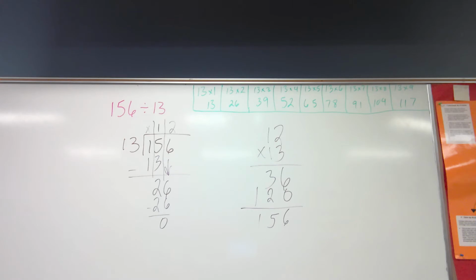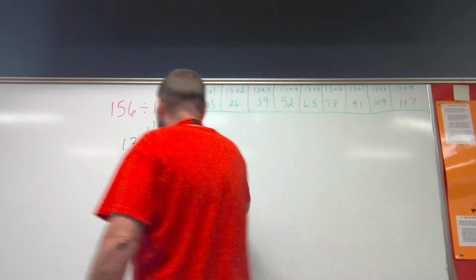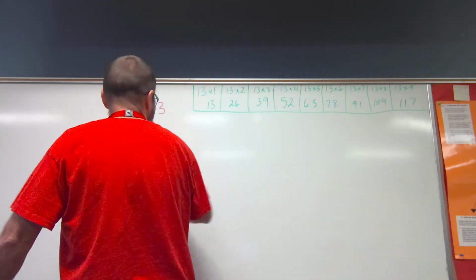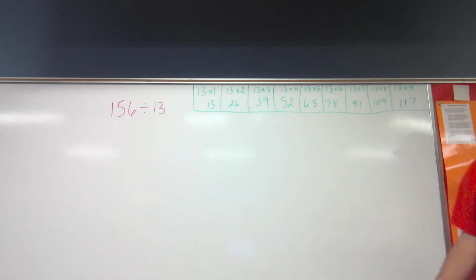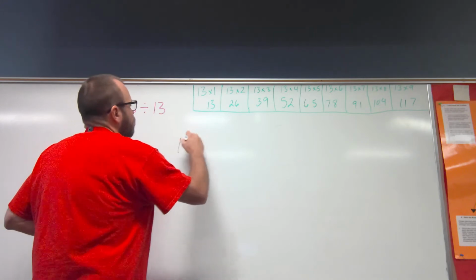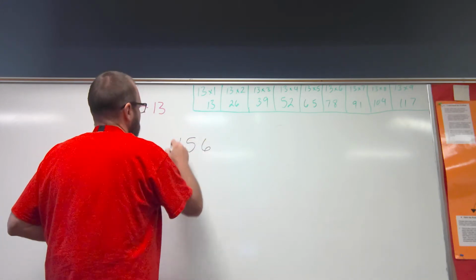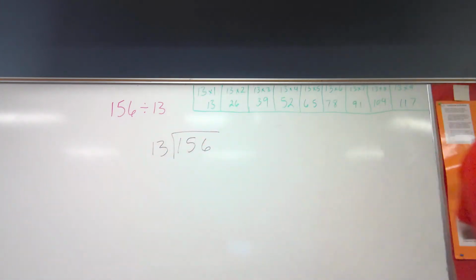So let's try it with the partial product. And this is a really easy one to do partial product. And you've done partial product in the past, I'm assuming. If not, you're going to have a chance to look at it. We have 156, and we're dividing by 13. I want to do it in steps, making the math easy for me to do.